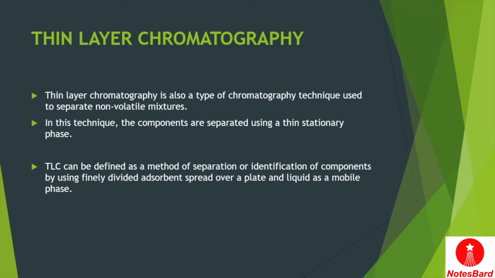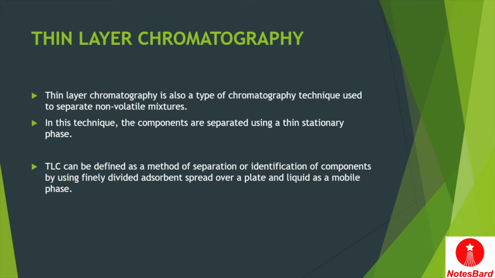Now TLC, or thin layer chromatography, is defined as the method used for the separation or identification of components from a simple mixture by the use of a finely divided adsorbent spread over a plate and a liquid solvent used as a mobile phase.